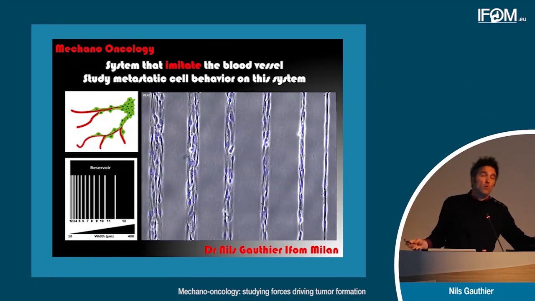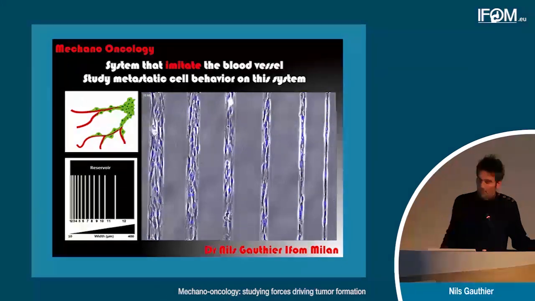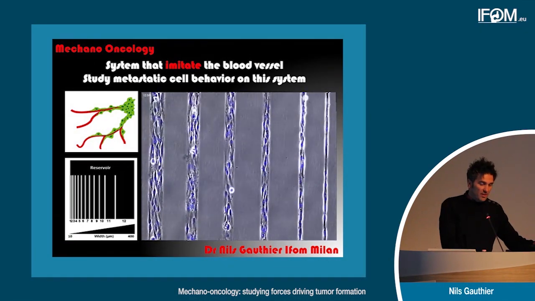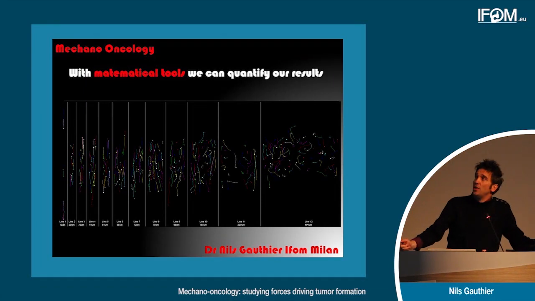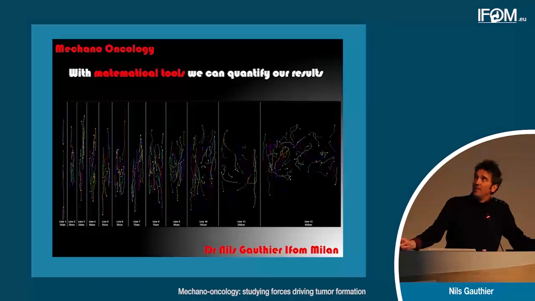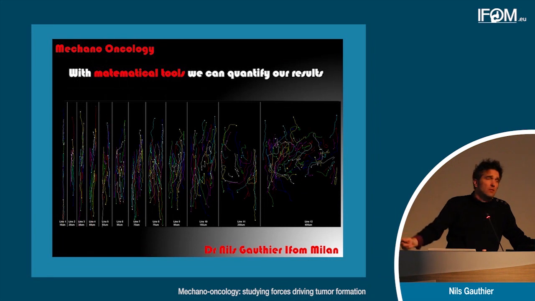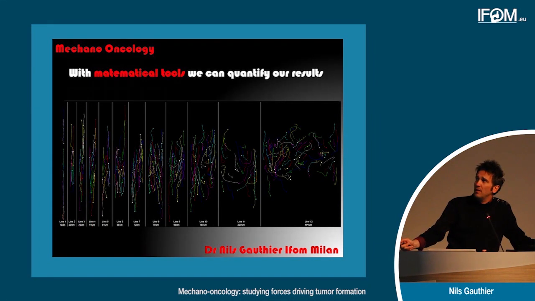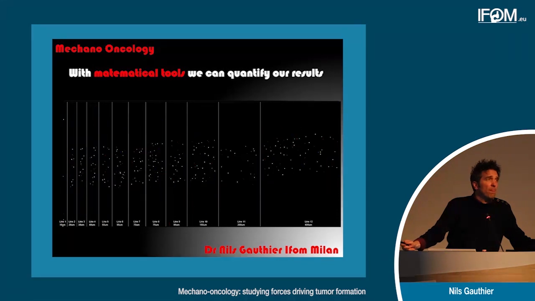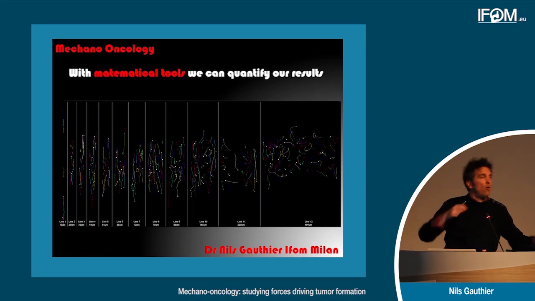This is a system to imitate what's going on in the brain. Then you can start to study the migration of those cells. You team up with mathematicians, and with mathematical tools, you can measure what's going on. For example, here each trace is a single cell, and this is over time how they migrate.